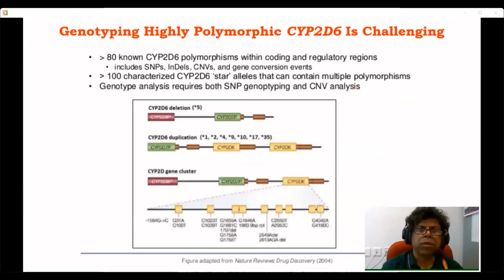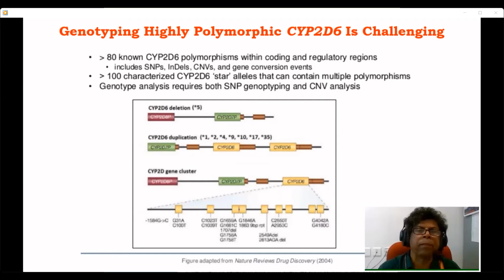One of the important enzymes which metabolizes pain medications is CYP2D6. This enzyme is a member of the cytochrome P450 family, and there are approximately 80 known single nucleotide polymorphisms within the coding and regulatory regions of the gene, including SNPs, indels, copy number variation, and gene conversion events.